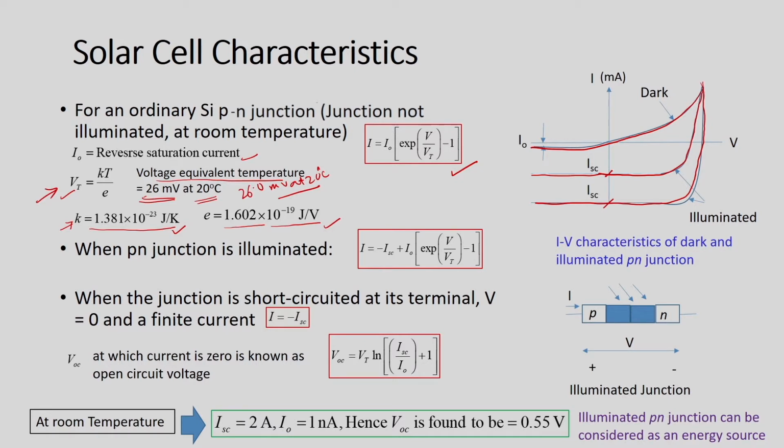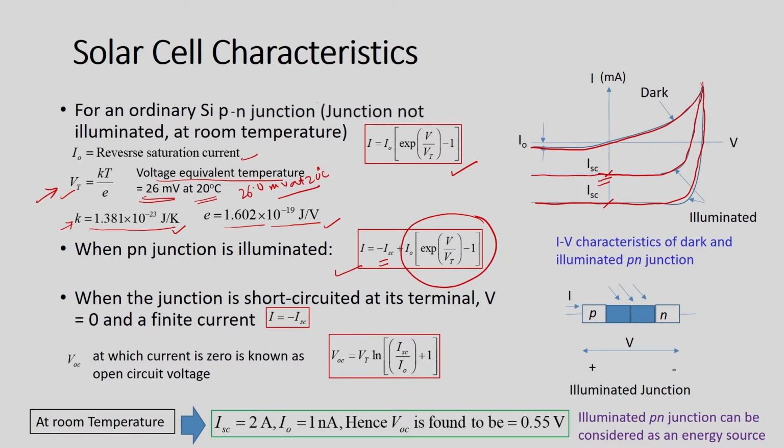Mathematically, when the p-n junction is illuminated, we can express it like this: I is equal to minus ISC plus this part. This ISC is what we have got after exposing to the light, so that has to be added. Since it is the fourth quadrant, this will be minus ISC.